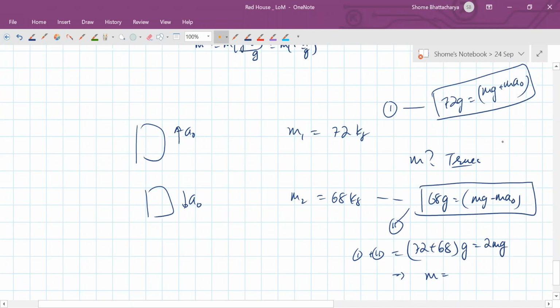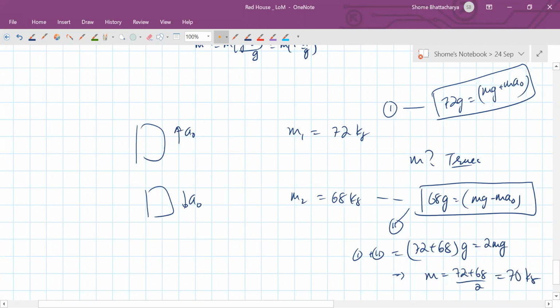So don't memorize the formula, understand the concept: while going up, the force your weighing machine measures, and therefore its reading, is according to weight plus pseudo force, because the pseudo force is downwards, whereas while accelerating downwards it's weight minus pseudo force. Because the magnitudes are the same here, it becomes the arithmetic mean of the two, so it's 70 kg.